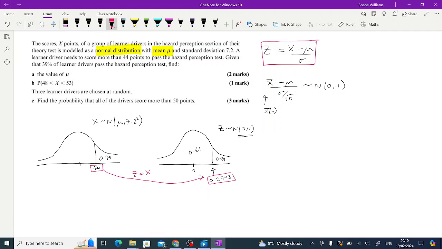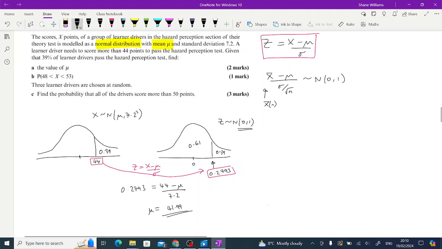Z equals x minus mu over sigma. Or in other words, 0.2793 equals 44 minus mu, which is the thing I'm trying to find, divided by sigma of my x distribution, which is 7.2. And if you rearrange that, you'll find that mu is equal to 41.99, which seems reasonable.